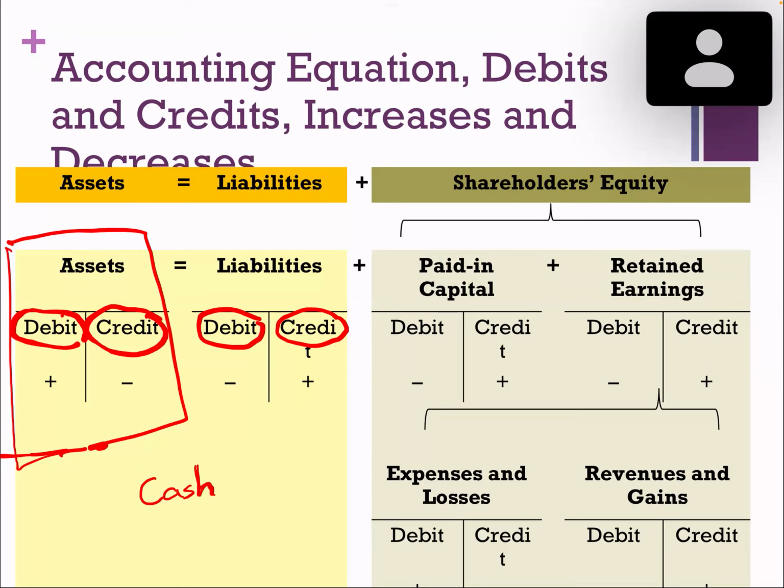So we write down cash, and then let's say that we did work, so revenue would be the credit. Do you see how cash is on the left and revenue is indented to the right? That's what I mean when I say debits are on the left and credits are on the right.